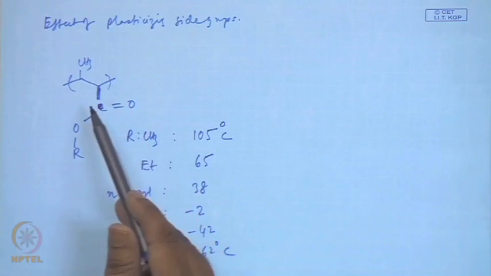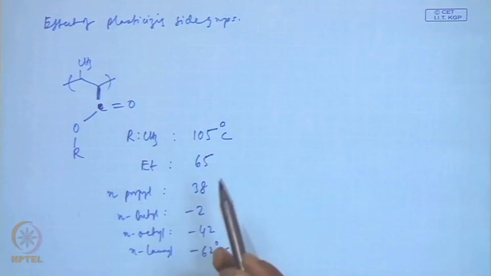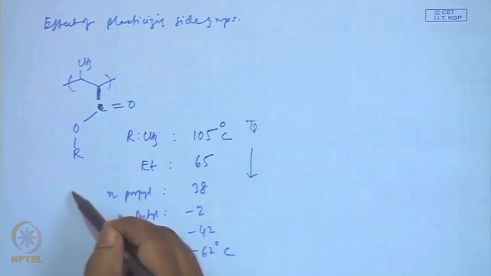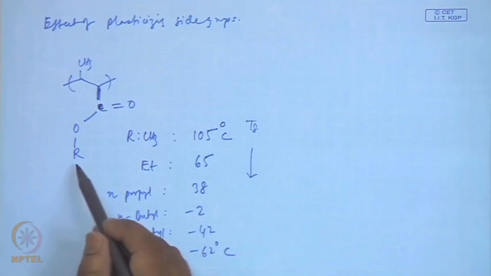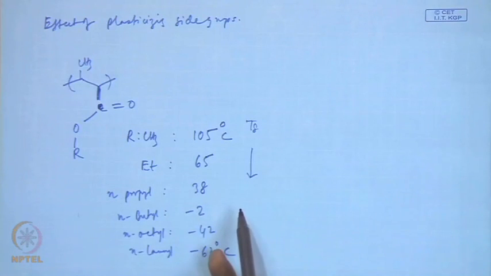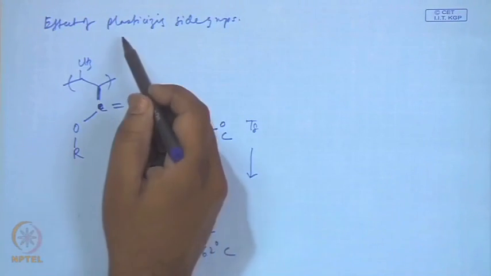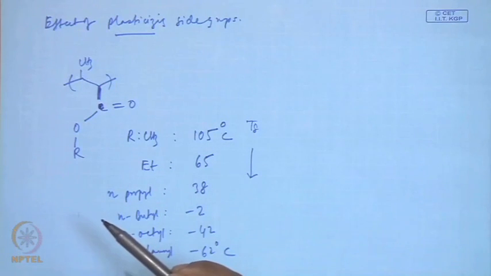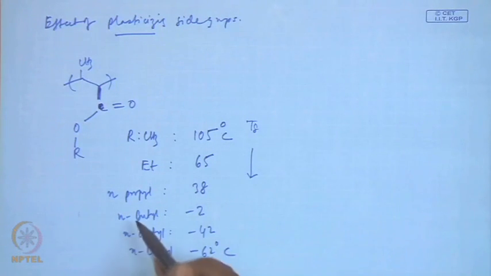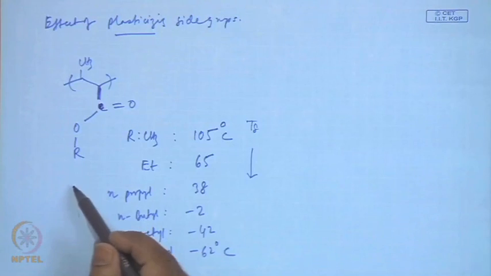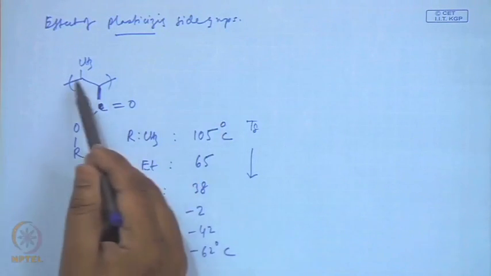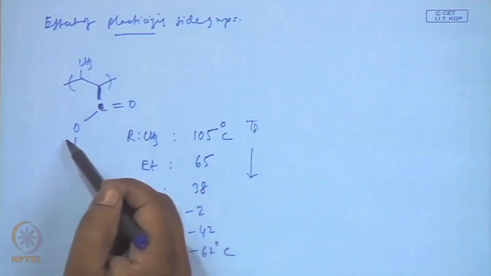So, as a result, the Tg drops. So, if the side chain molecular weight or size goes up, the Tg goes down. This is nothing but a sort of plasticizing effect, as if these molecules are dissolved in the polymer.